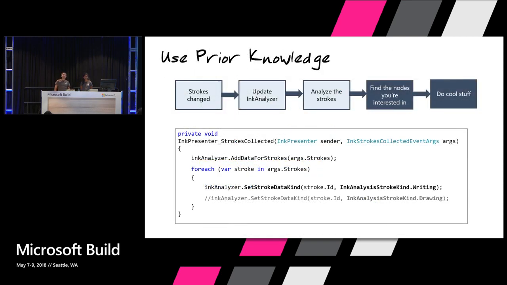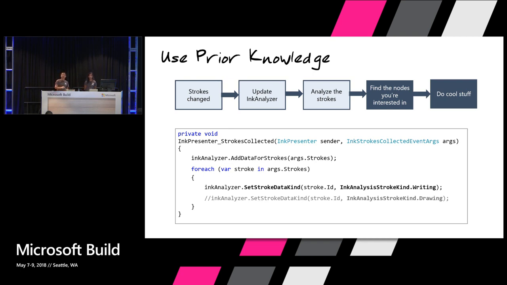The last one I didn't cover in my demo is that if your application has some context, for example, in the embedded inking control I showcased earlier, all the content must be writing. Or in your application, you have some mode switch that only allows the user to have shapes as input. You can use this information and set stroke data kind, limiting it to writing or drawing.